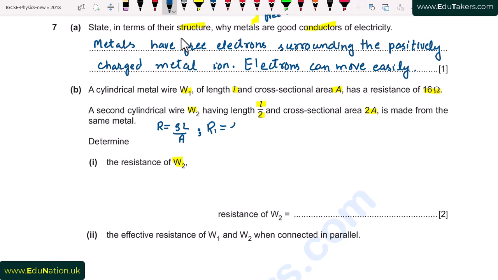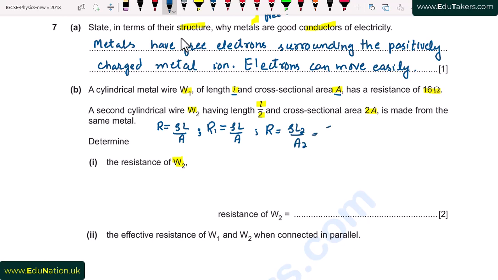R1 will be equal to rho L over A, because here area is A and length is L. For the second wire, R2 is equal to rho L2 over A2.